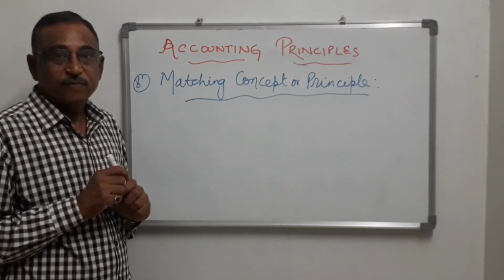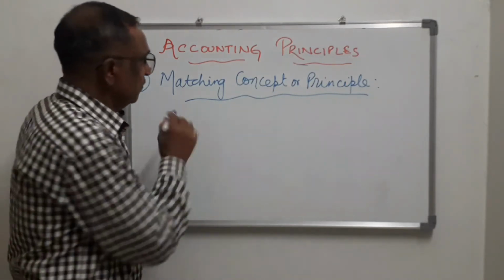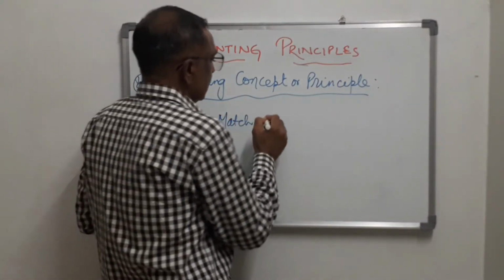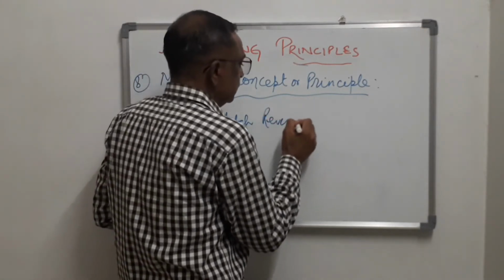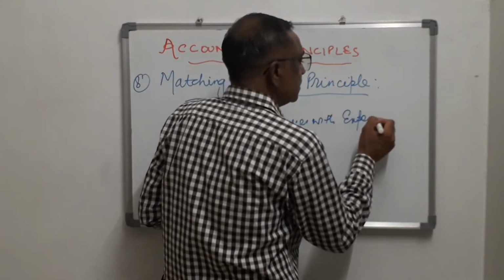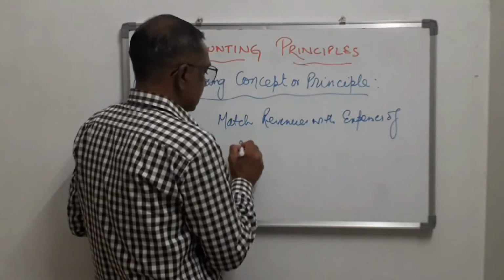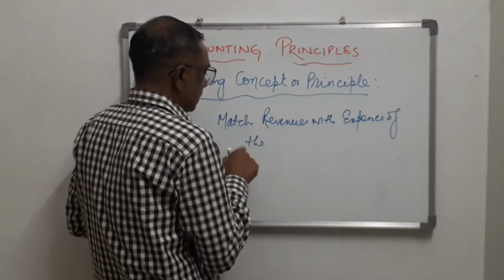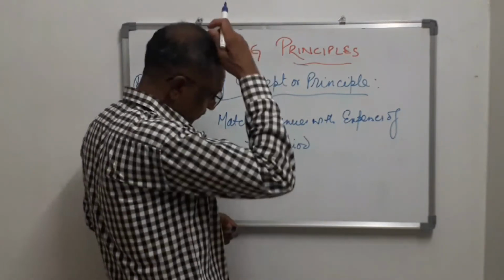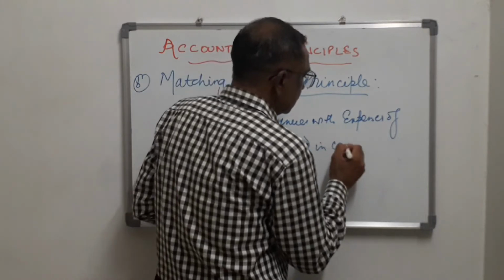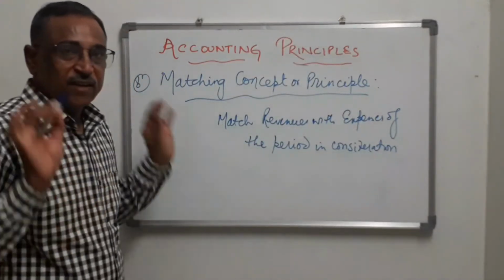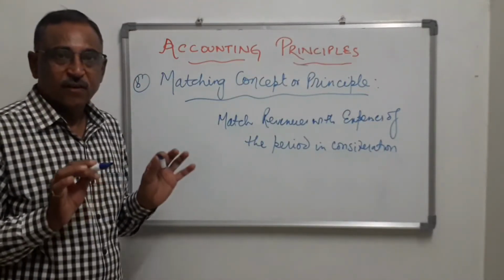Okay, so we can sum up: match revenues with expenses of the period in consideration. Okay, so that we can have a real position in front of us. Clear?